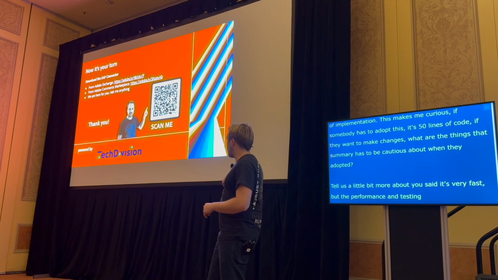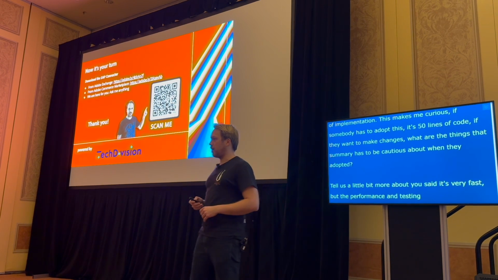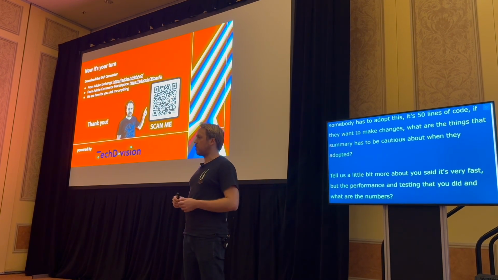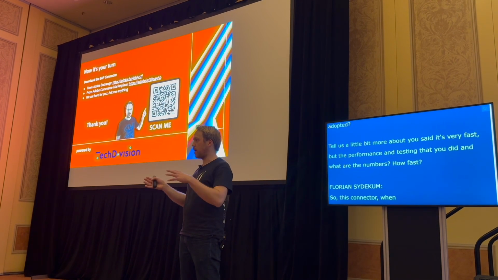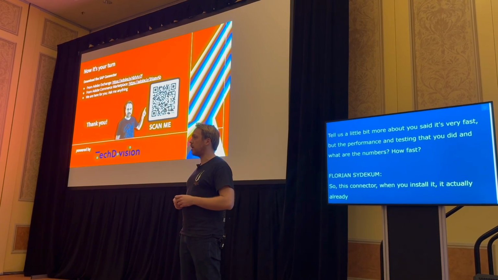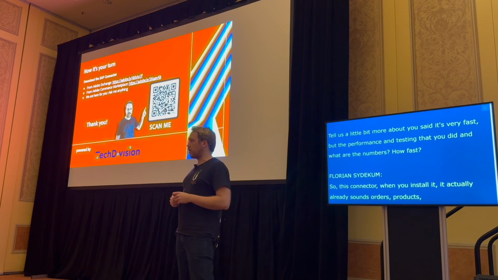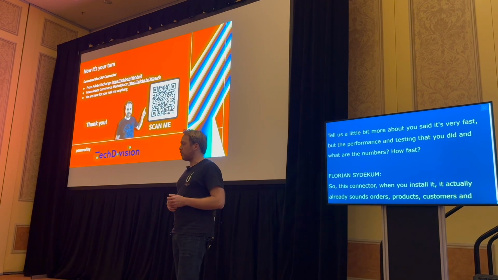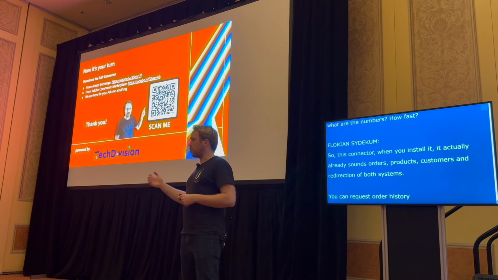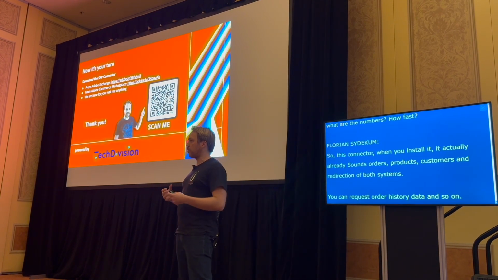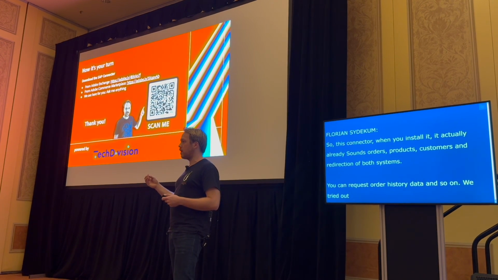Yes, so this connector, when you install it, it actually already syncs orders, products, customers in bidirectional, both systems, right? You can also request order history data and so on. And we tried out delta imports, full imports, and of course full imports take longer, but what I mean with almost real time, you can request data via webhooks.